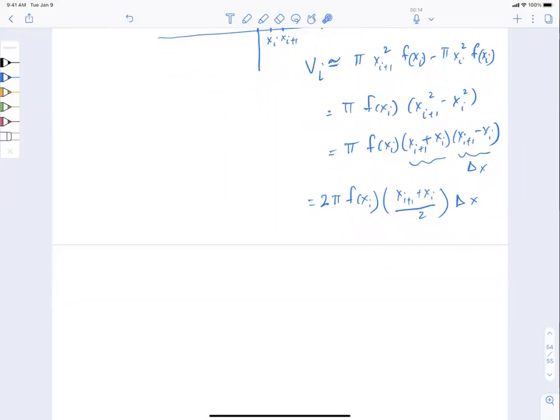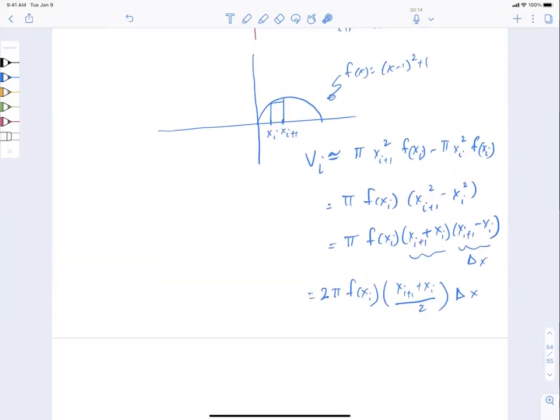So my Riemann sum, maybe I write the Riemann sum here so we don't veer away too far from the picture. My Riemann sum for the volume would be approximately the sum from i equals 1 to n of 2 pi f of xi.